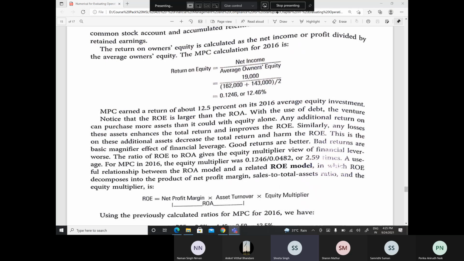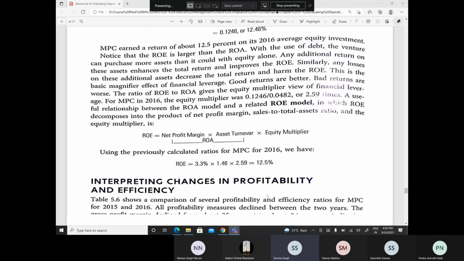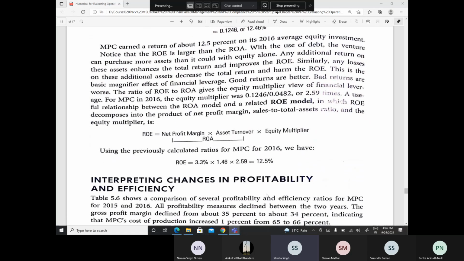The ratio of ROE to ROA gives the equity multiplier view of financial leverage. For MPC in 2016, the equity multiplier was 0.1246 divided by 0.0482, or 2.59 times.